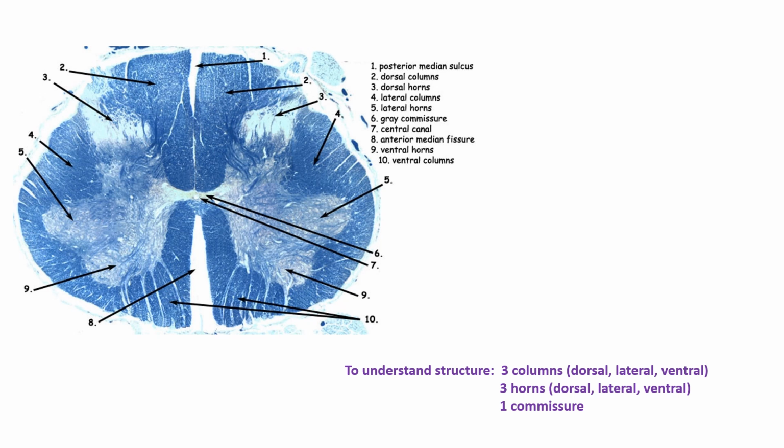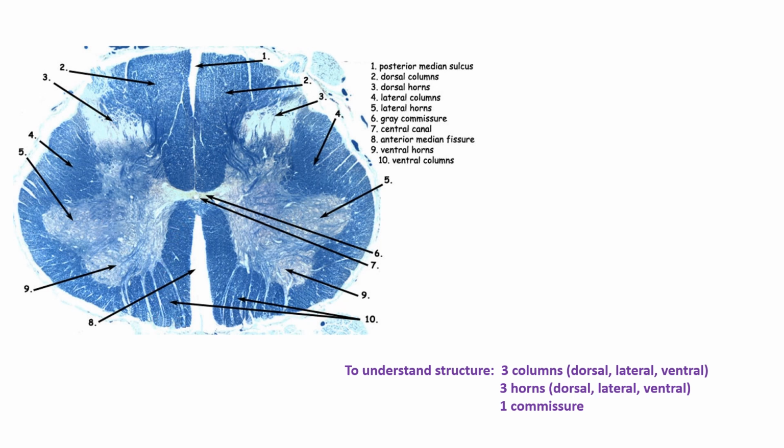We're going to start with the white matter first because it's a little more simple. We have these columns. So here's a dorsal column. It's elongated like a columnar cell. And here's another dorsal column here. There is more finer structure. Some people will get more specific about it, but for our purposes, we have a column here and a column here, the dorsal columns.